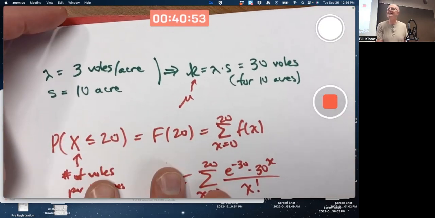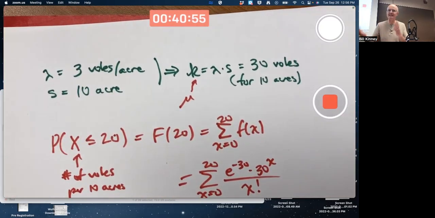So yes, you can count the number of successes in more than time intervals. You can count it in areas. In this case, voles in a certain number of acres. You could count it with volumes. I don't know, molecules of some pollutant in a square meter of air.